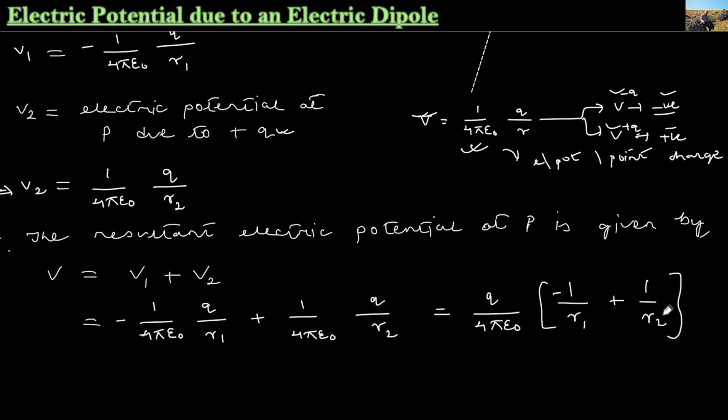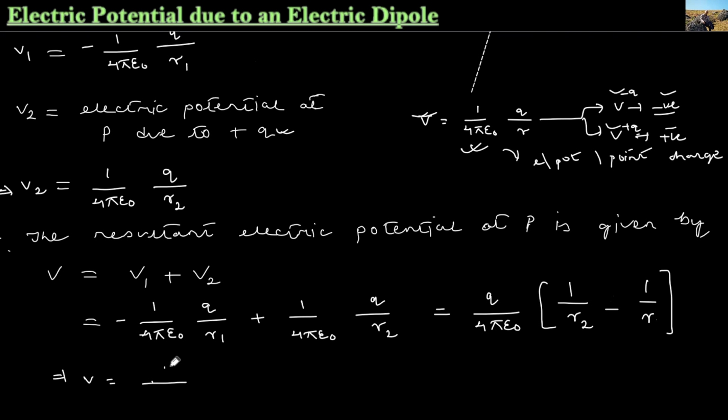But in order to be more presentable, we will write R2 first and R1 after. So we will write it this way: 1 by R2 minus 1 by R1. So this is the expression for V, the expression for the electric potential at P.